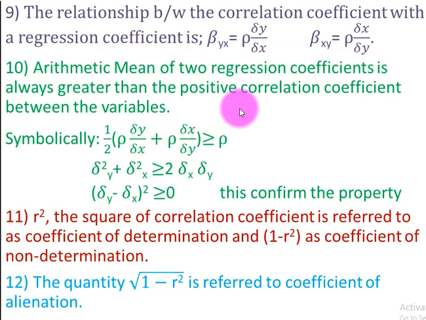Now we are proving this symbolically. Beta yx is rho sigma y by sigma x, plus beta xy, which is rho sigma x by sigma y, multiplied by 1 over 2, which is the arithmetic mean of beta yx and beta xy.